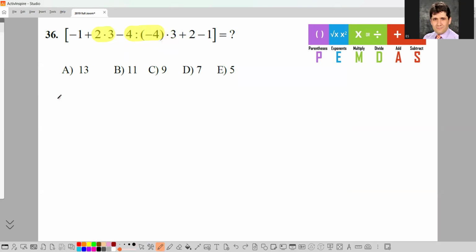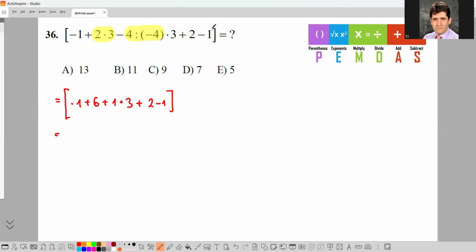So we can copy everything else. That's -1 plus 6. Now, -4 divided by -4, negative divided by negative, that's positive, and 4 divided by 4, that's 1, times 3 plus 2 minus 1.